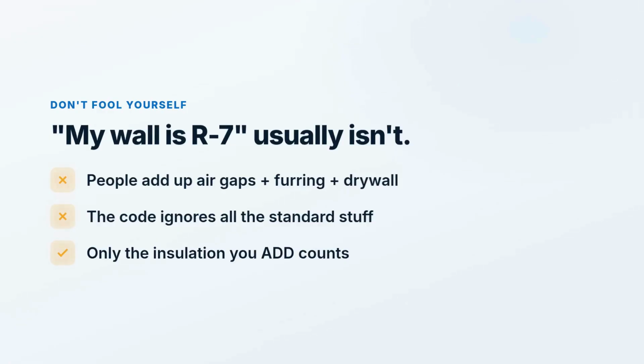And that's where we find out that they start talking about the air gaps and the fairing strips and the drywall. And then I'm putting R4 insulation. So with all that other stuff, it comes out to an R7. The building code doesn't care about all that other stuff, because all other stuff is pretty standard. All they care about is what you are adding to that structure.